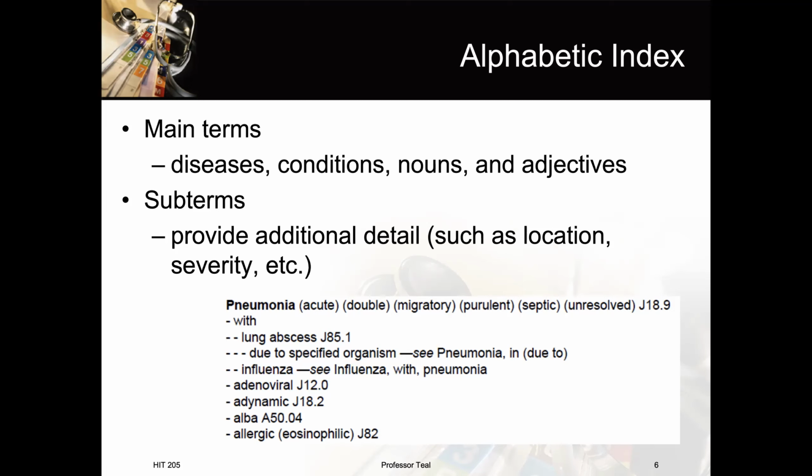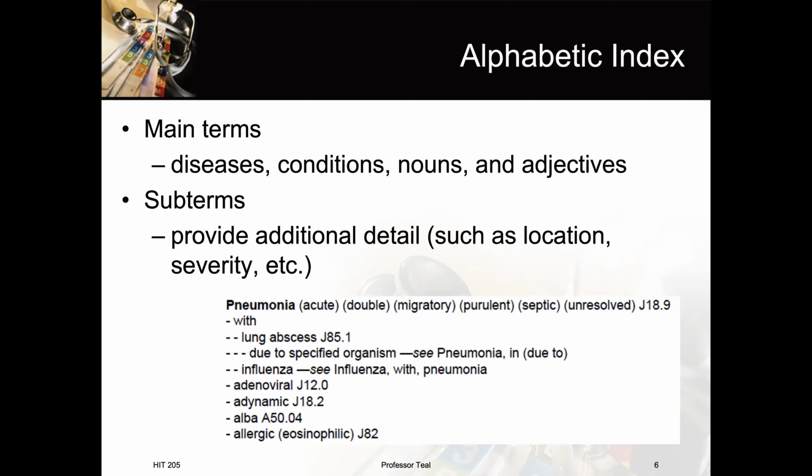You start with a main term and then additional subterms if applicable. The coder always starts with the main term in the alphabetic index to locate a patient's disease or condition. Remember, main terms represent the patient's problem, such as a disease, a condition, a complaint, not a specific body part or organ affected.